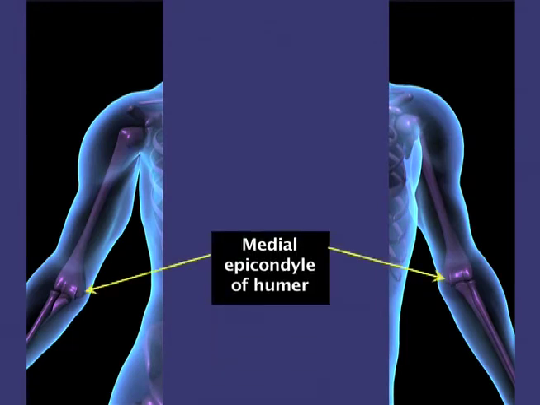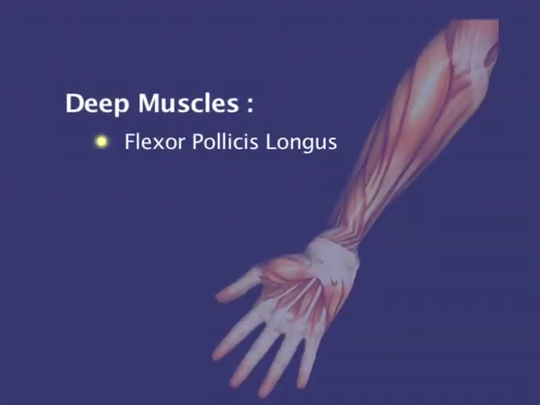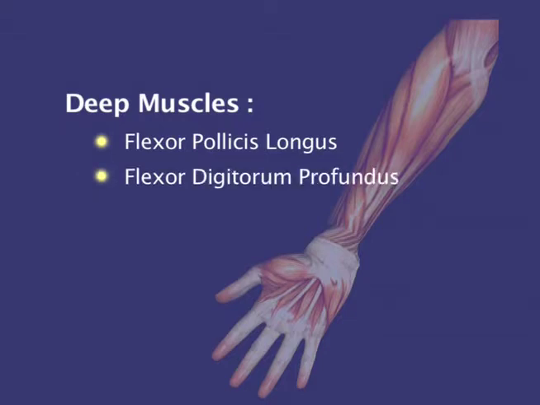This is the common flexor origin for almost all of the superficial muscles, and these are the muscles which do the movements of the wrist joint. The deep muscles are flexor pollicis longus, flexor digitorum profundus and pronator quadratus. These muscles are seen deep to the superficial muscle groups.